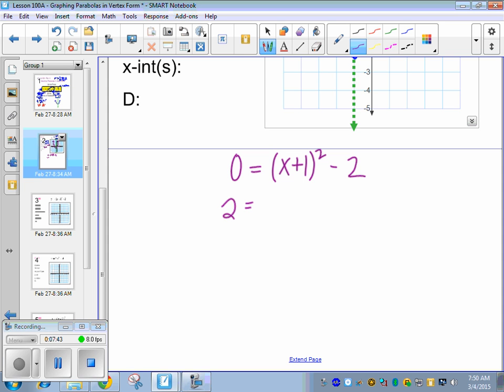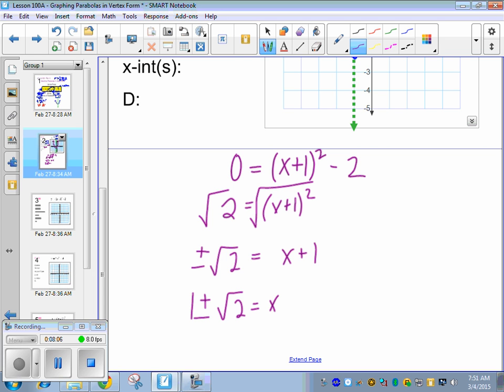So 2 comes over here. And then we're going to square root both sides to get rid of the squared term. Now, anytime you take a square root, what do you have to remember? Plus and minus. Root 2 equals x plus 1. All right, and then subtract the 1 over.